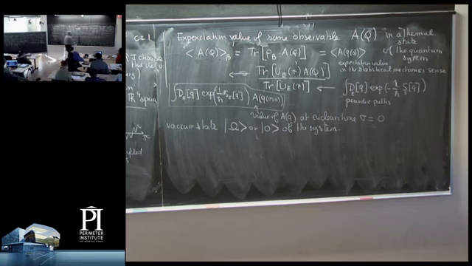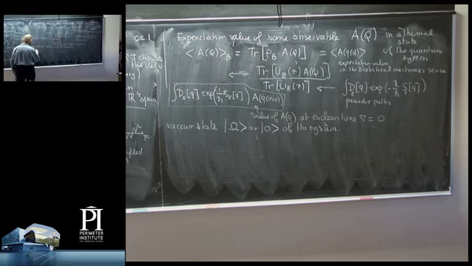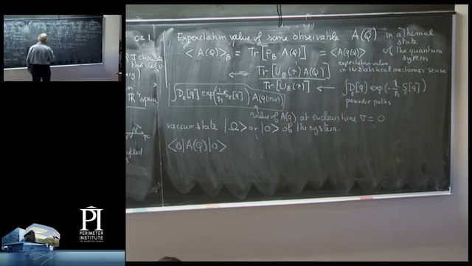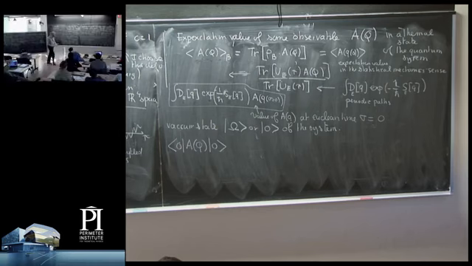So, if you are interested in what is the expectation value of the observable A of Q over the vacuum state, what you have to take is the general expectation value of this quantum observable over the thermal states and take the limit when beta goes to infinity, because this corresponds to the limit where the temperature goes to 0.